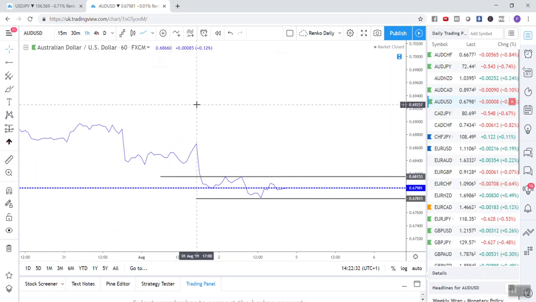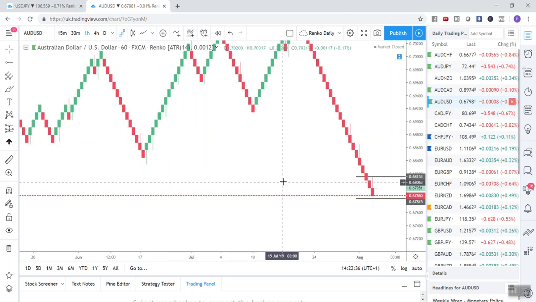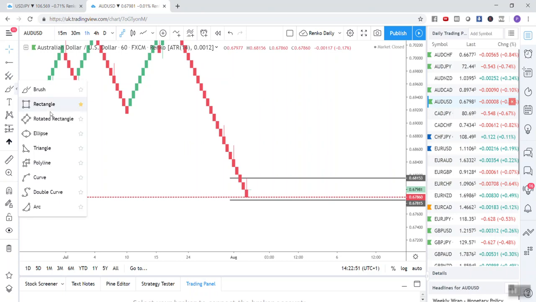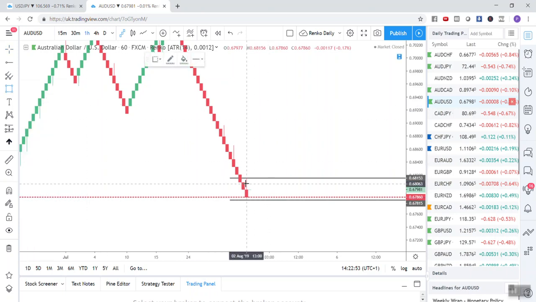And this time we're going to go to Renko. So this is the area that we use with the line chart in prep for the breakout. Okay? So we haven't got our swing low point yet because we haven't had a green Renko brick.